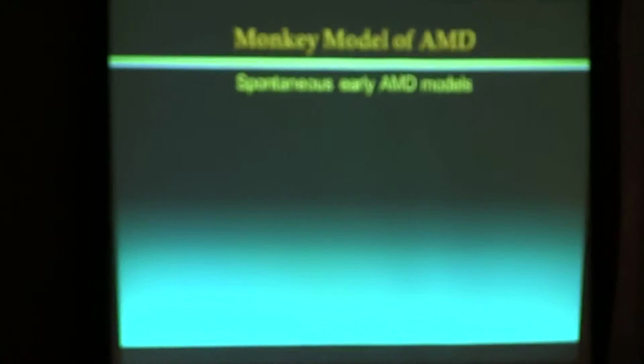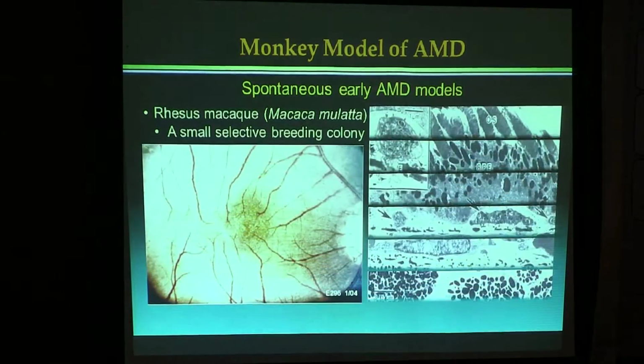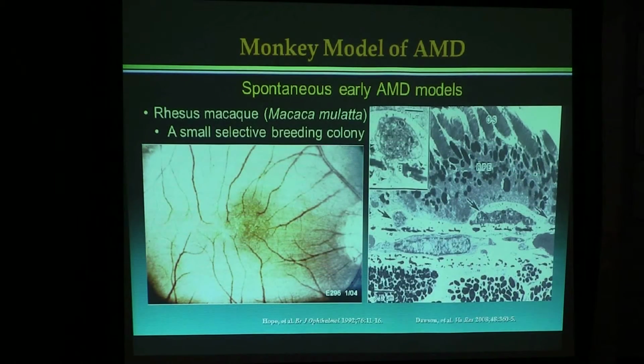Monkey is very good in that they have macula, just like human. There is a spontaneous early AMD model. You can see that both in rhesus macula and the mouse, you can see this kind of drusen. But they don't go on to develop the dry AMD or wet AMD lesion like in human.